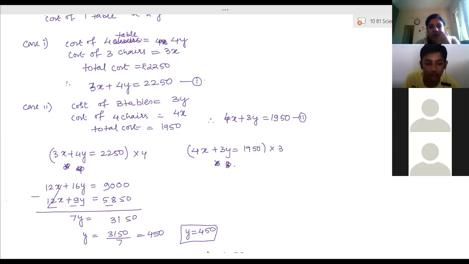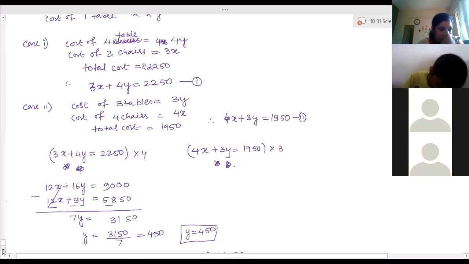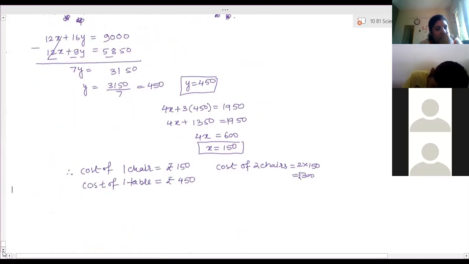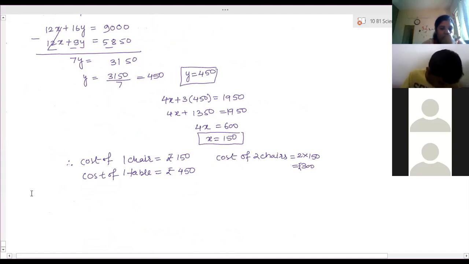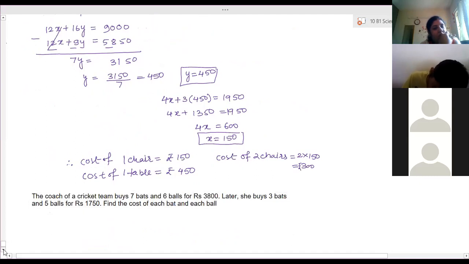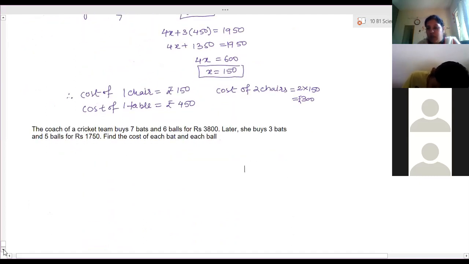Yes, 750 total cost. Most of these are NCERT questions.